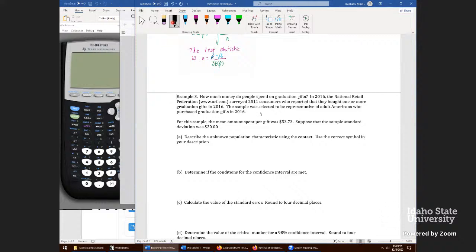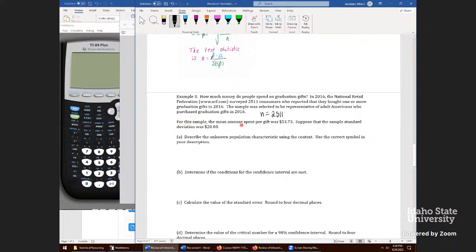So let's write out our sample size, which is 2,511 consumers who reported that they bought one or more graduation gifts in 2016. The sample was selected to be representative of all adult Americans who purchased graduation gifts.